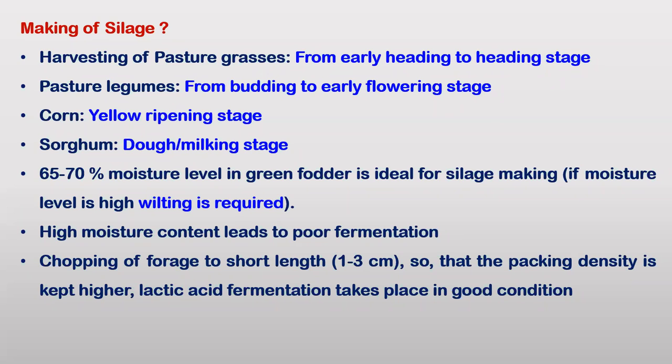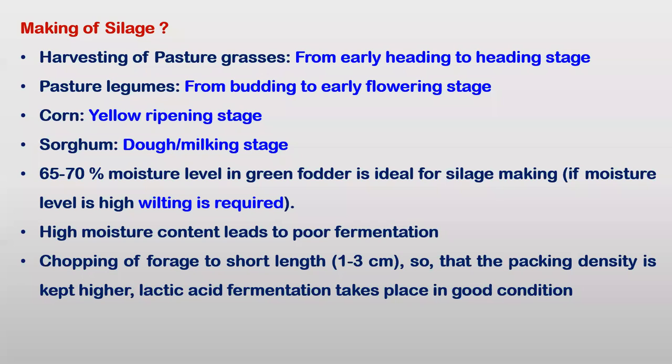High moisture content leads to poor fermentation of the plant material, so silage is not of good quality. Chopping of the forage to 1 to 3 centimeter length is required for making silage.